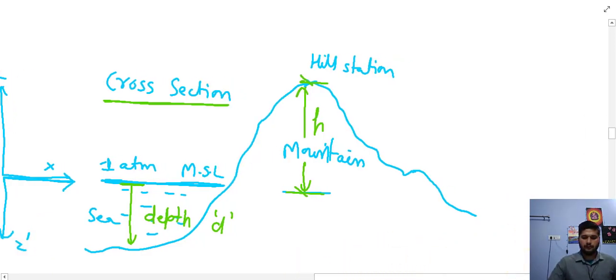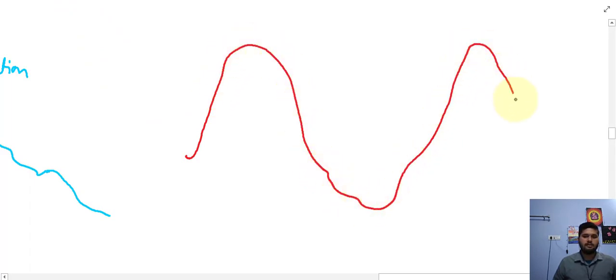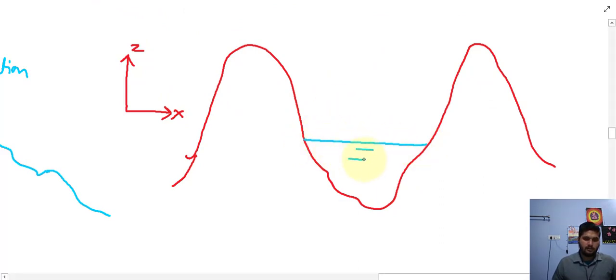Now we have another example, of river depth. So how will we draw a river? Suppose this is a mountain, and again this is a mountain. The graph has an x-axis and z-axis. Again the figure is in a vertical plane, and this is the river. Again for atmospheric pressure I use this.